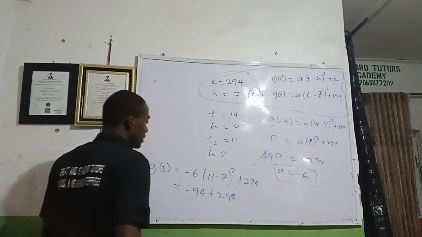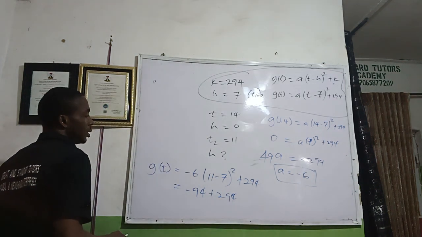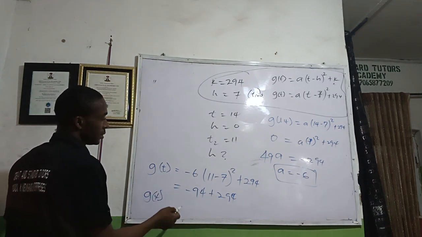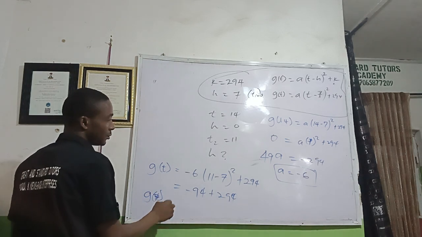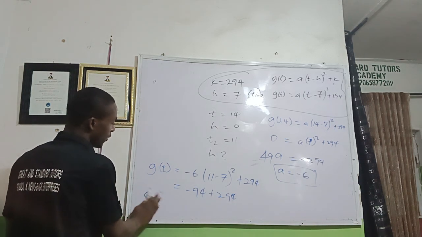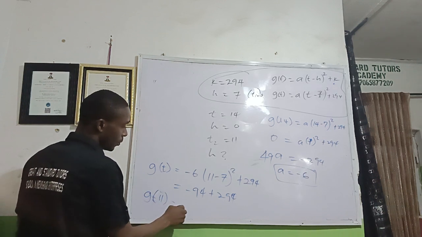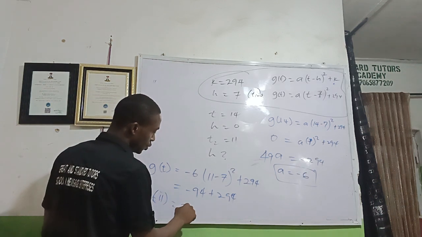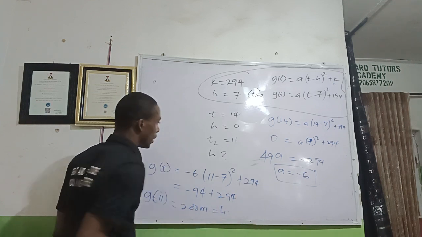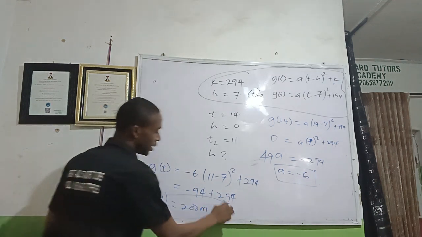So in this context, g of 11, which is your time, will be equal to 198 meters, which is the depth at that point.